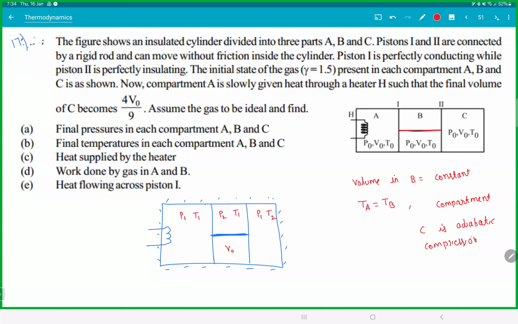This volume is V0. This guy is 4V0 by 9. And this guy is whatever decrease there should have increased in the first one. So that is V0 plus 5V0 by 9, V0 plus 5, 9 plus 5, 14 V0 by 9. Check.